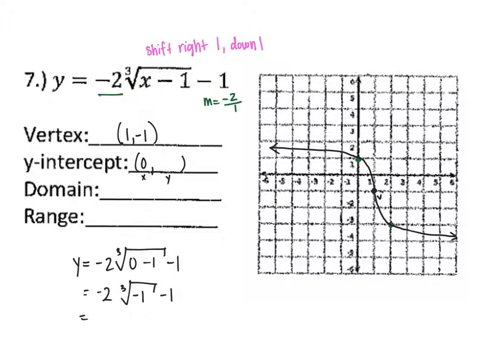The cube root of negative 1, if you punch that in your calculator, you will get negative 1. So the cube root of negative 1 is negative 1. And then I have a minus 1 out here that I'm going to drag down. Negative 2 times negative 1 gives me positive 2, minus 1, which gives me 1. So my y value here is 1.